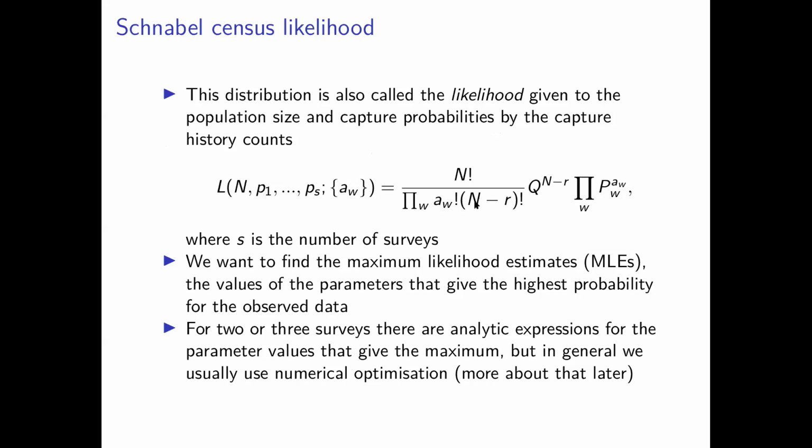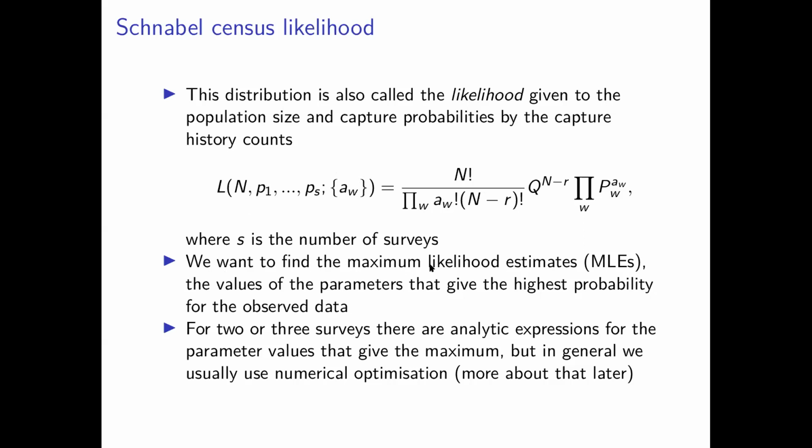And it's just the same probability distribution above, but now you're considering it as a function of the parameters. Oh yeah, and this S here is the number of surveys. So you have one capture probability for every survey.